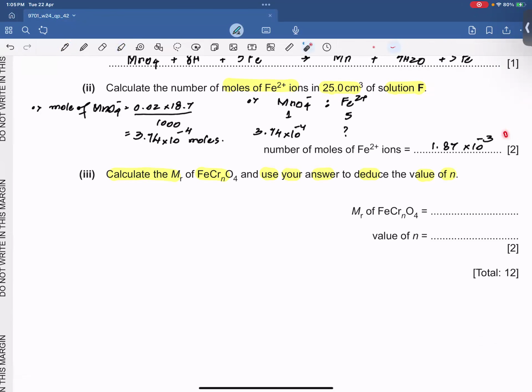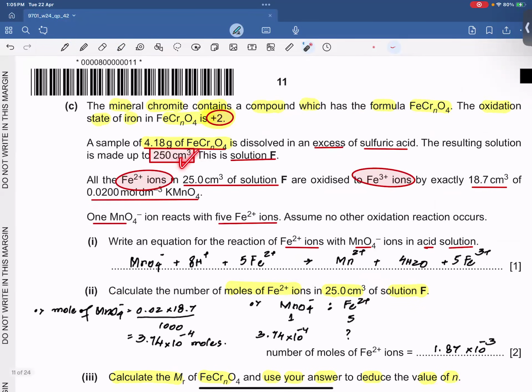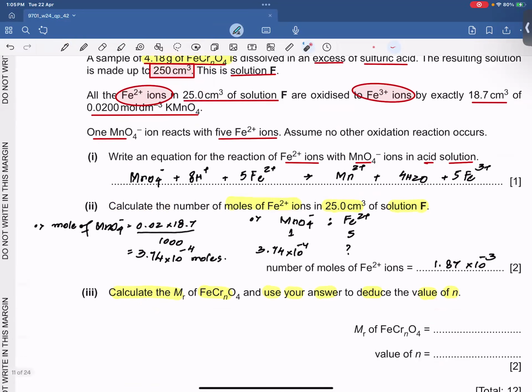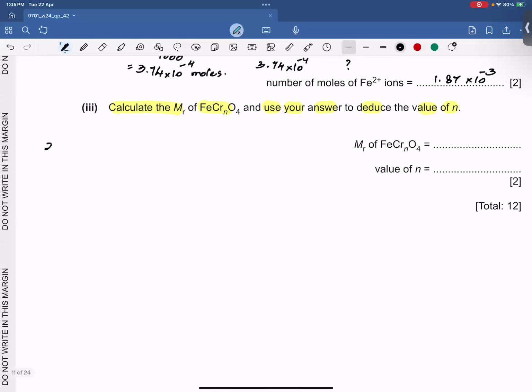So I've got the moles in 25 cm cube. How many moles do we have in 250 cm cube? 25.0 cm cube contains 1.87 into 10 to the power minus 3 moles.